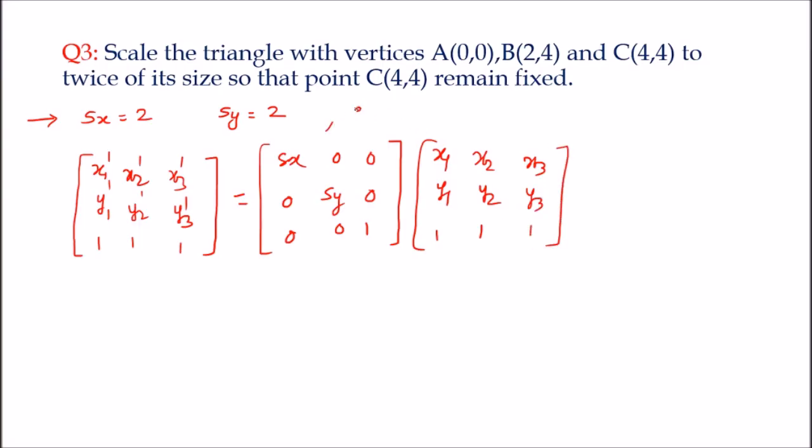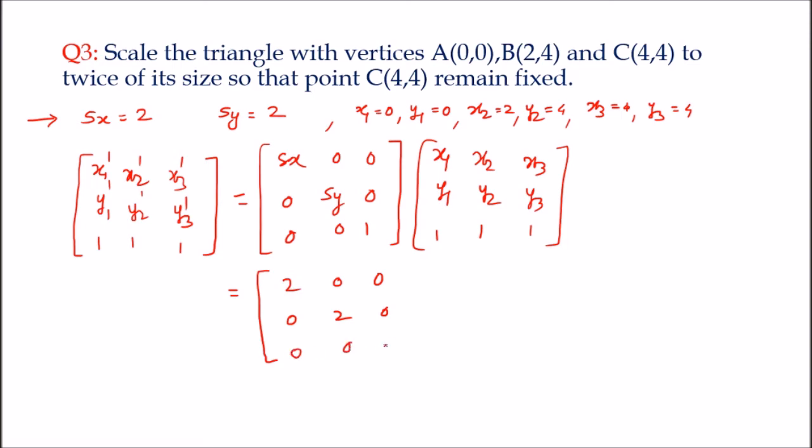Here x1 is 0, y1 is 0, x2 is 2, y2 is 4 and x3 is 4, y3 is 4. So we transfer this into the matrix: 2 0 0, 0 2 0, 0 0 1, multiplied by 0 0 1, 2 4 1, 4 4 1. Now do the multiplication.